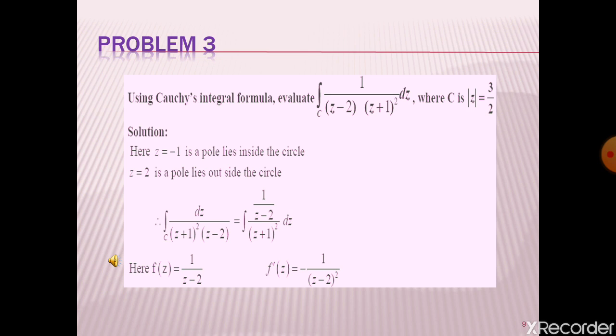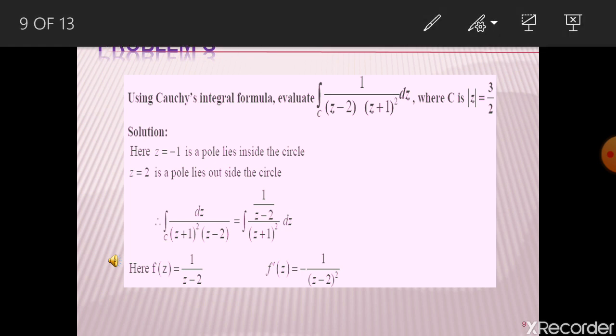So in this, z = -1 is a pole that lies inside the circle and z = 2 is a pole that lies outside the circle. So consider the inside point in the denominator and take the outside point to the numerator. So we consider the function f(z) as 1/(z - 2), and we calculate f'(z) as -1/(z - 2)².